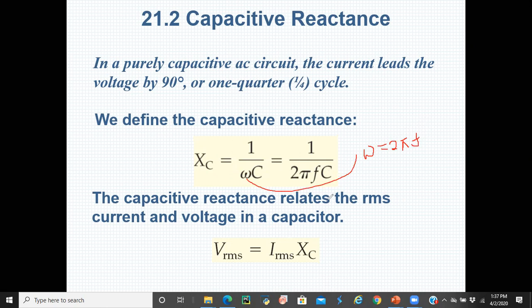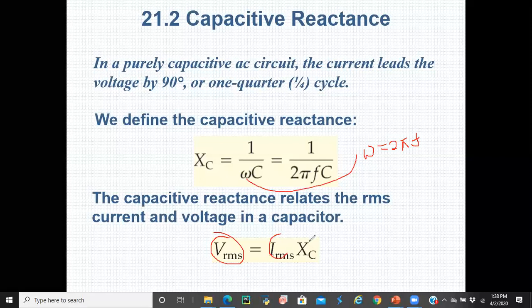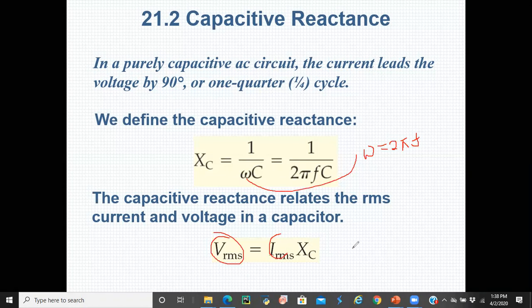As with Ohm's law, we can define voltage. The root mean square voltage, denoted by VRMS, will be equal to the root mean square current and reactance XC. From Ohm's law, voltage V is simply current into resistance, right?